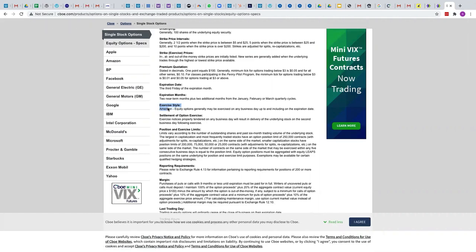Exercise style is called American. What do you mean by American? American means you can exercise your options before expiration. All equity stock options are American style, whereas some of the ETFs are European style.